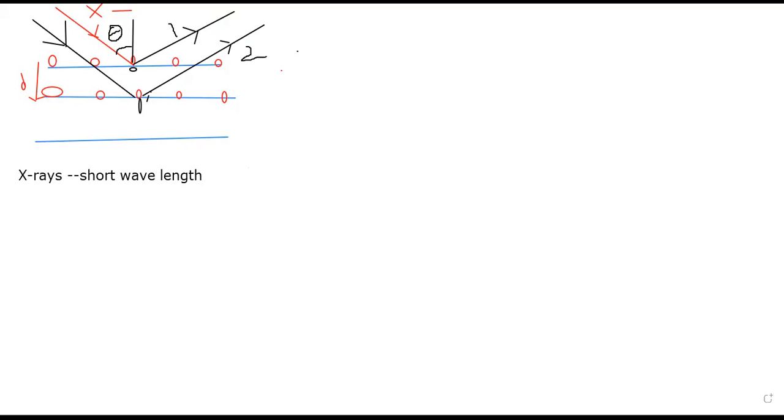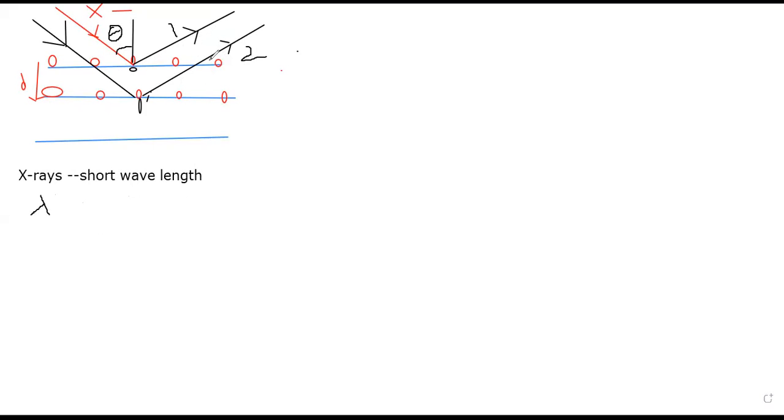Now here X-rays have a wavelength. I will denote the wavelength of X-ray as lambda, and it is a very short wavelength. Now, these two are the scattered X-rays.